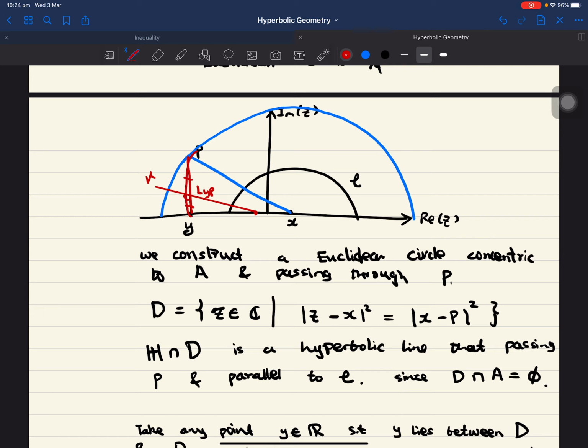That's not the best drawing, but hopefully you get the point. It should be something like that.